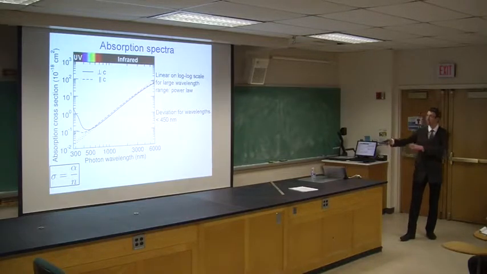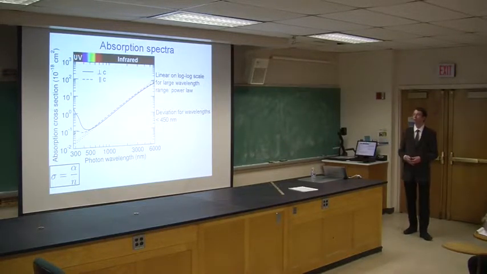What you notice immediately of this plot is that you have a linear behavior for a large range of photon wavelengths. And because I plotted this on a log-log scale, that means your absorption cross-section follows some power law.